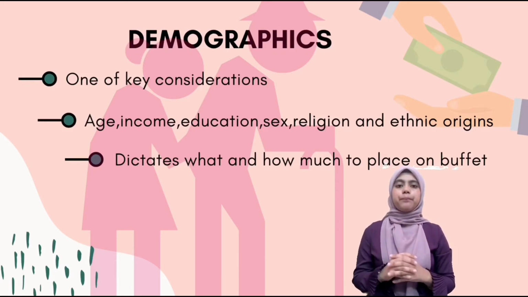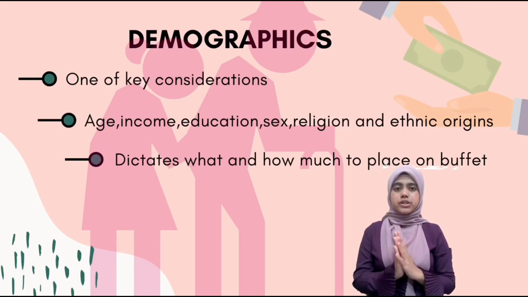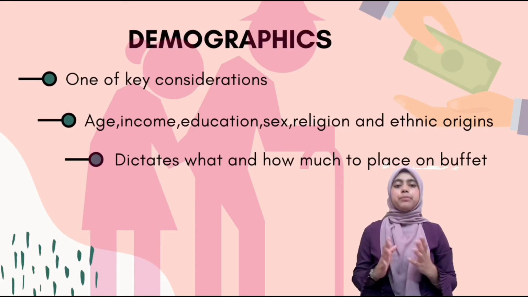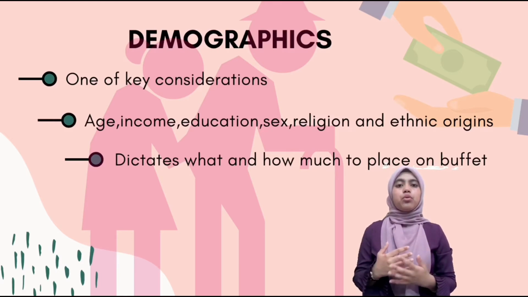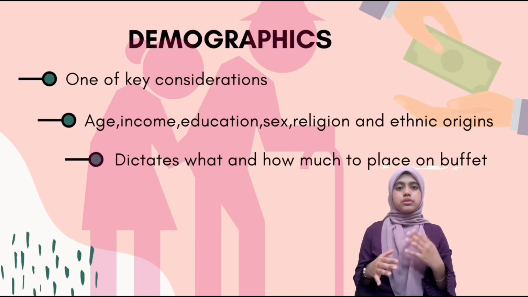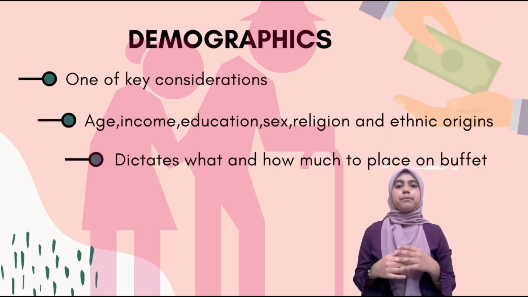For example, for income, the level of education and occupations of guests are important, as those with higher income and higher education tend to take risks and eat more fashionable foods, and usually food from their peers.